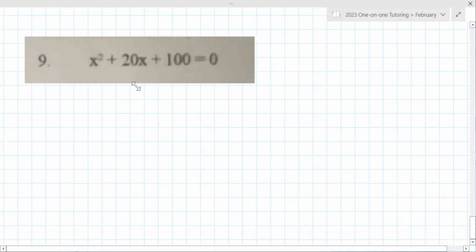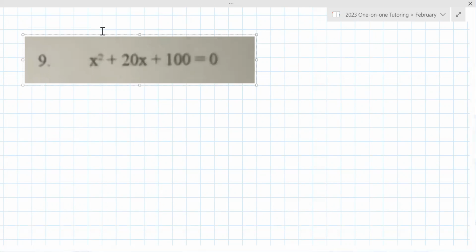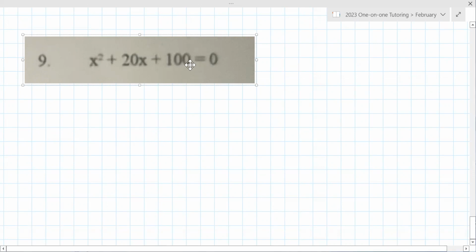All right. So new problem here for us to look at. You have to use completing the square here. All right. Now this one's awkward because it's already a perfect square trinomial.